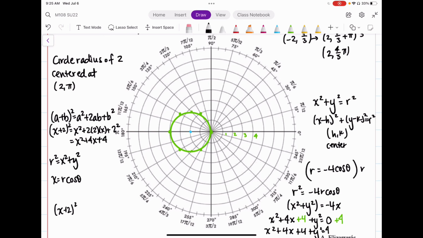Going back to my circle then, I've replaced the x squared plus 4x plus 4 with the factored form, then plus y squared equals 4. Referring back to my circle equation, this means that my circle is centered at (-2, 0), with a radius of 2, which is the same thing that we've graphed above in polar coordinates.